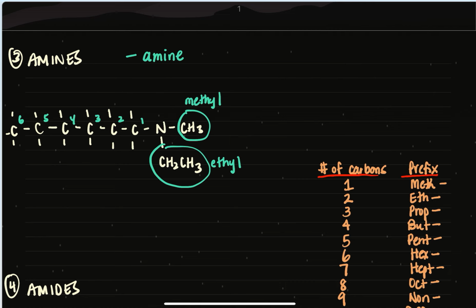I'm going to actually do this one backwards. So my parent chain is a hexane, but we're going to change the ending to amine. So hexane 1 amine, I should say, because for amines, this is a distinction you'll have to study. The nitrogen is not always going to be on carbon 1, so I am going to indicate here this is a hexane 1 amine, and then my prefixes are ethyl and methyl, and we're going to use the nomenclature N-ethyl, N-methyl, because these substituents are hanging off of a nitrogen, and we're going to put them in alphabetical order.